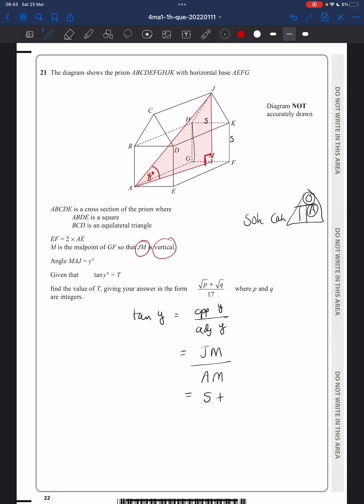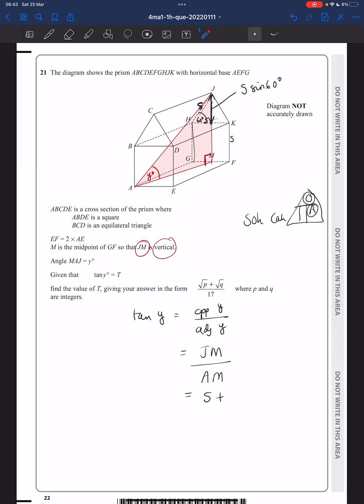Now this is an equilateral triangle in here, so that's also S, and that's 60 degrees, because I want that length there, and that length there is going to be S sine 60 degrees, because that's the hypotenuse.